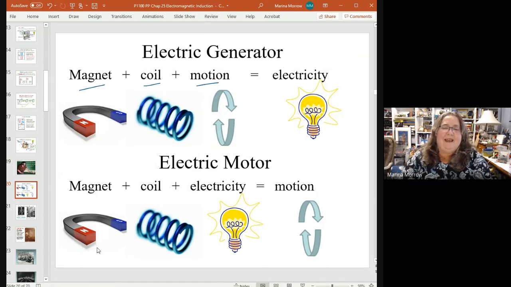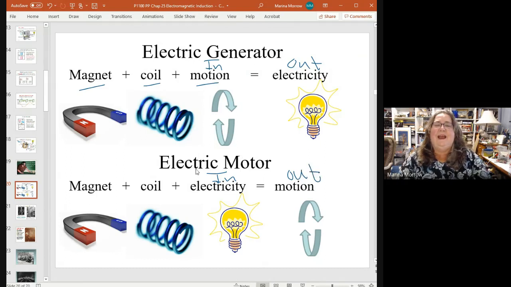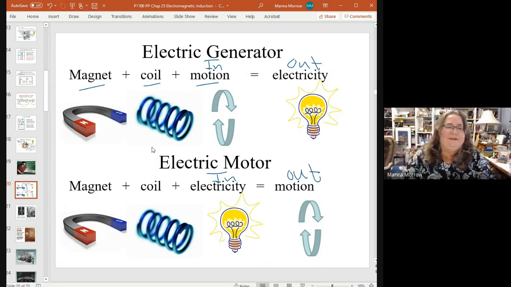So they use the same equipment, magnets, coils, but their input and output is different. So the input is, if it's motion, their output is electricity. If your input is electricity, your output is motion, and that makes a motor, right? So generators and motors have the same equipment, but they have different inputs and different outputs.